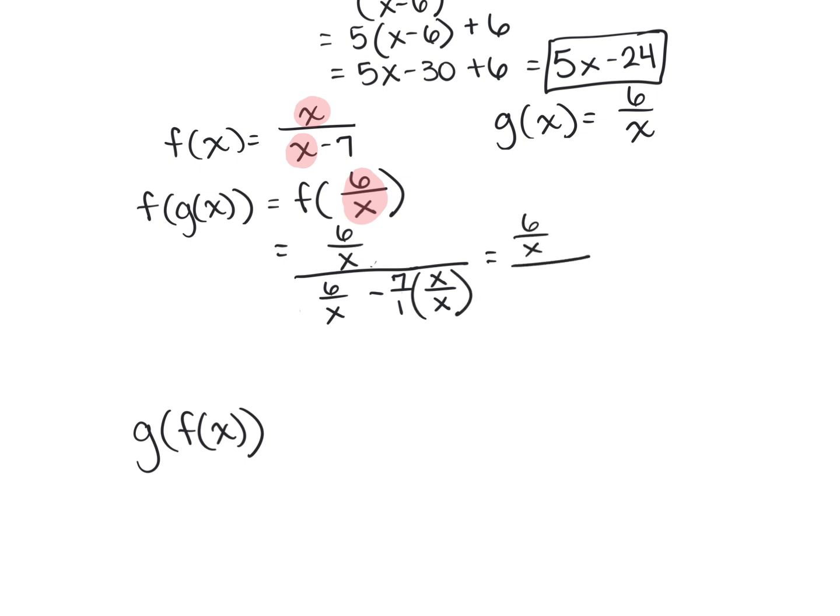My denominator is going to turn into 6 over x minus 7x over x. And since I now have that common denominator, I keep 6 over x here. I keep 6 minus 7x, and then my denominators are the same, so it stays the same. Then I'm going to insert my parentheses back in here because I'm going to keep it, flip it, and change it to multiplication.